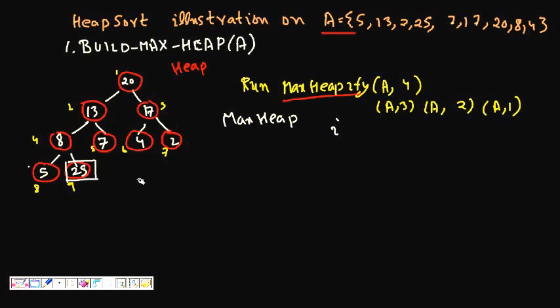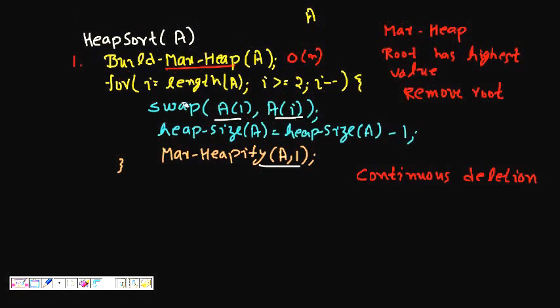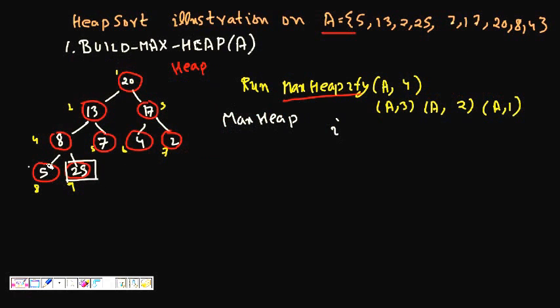So this is now again a proper max heap. Now again we swap A[1] with A[i]. So now i is i minus 1, so it has become 8. Now we swap A[1], which is the second highest element, 20, after 25. So now we swap 20 with 5.